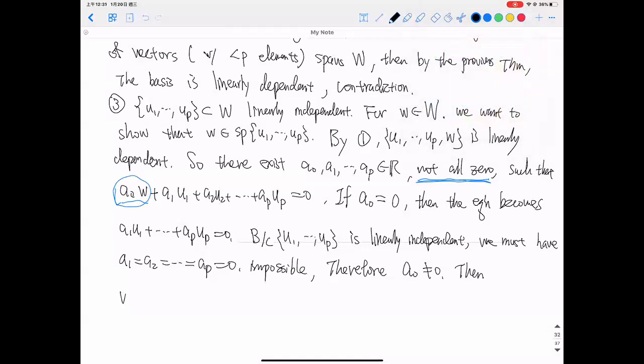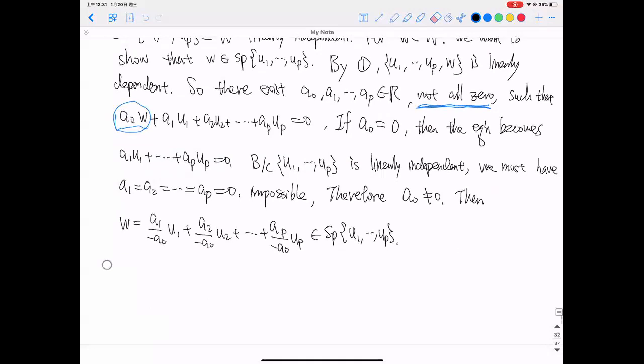Then we get w equal to A1 over minus A0 times U1, A2 over minus A0 times U2, up to AP over minus A0 times UP. So now this is in the span of the U's. And that's what we want to show. Okay, very good.